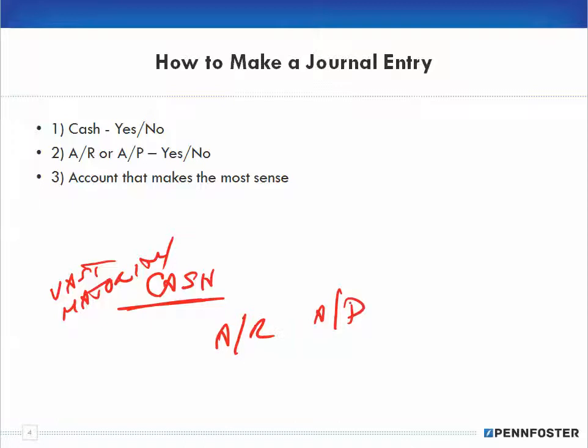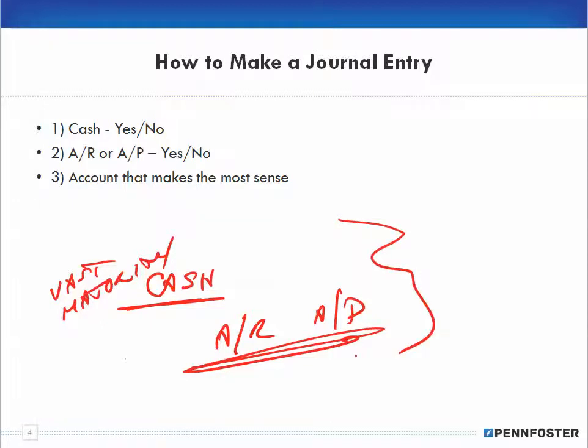Why? Because we buy things on credit, or we sell things on credit. And if you consider just those three accounts, they're making up upwards of 85, depending upon the business, 85–90% of the transactions that happen in a business. So you're only talking about like 10% of the transactions where you're not going to follow those accounts exactly, and you're going to have to start thinking a little bit.